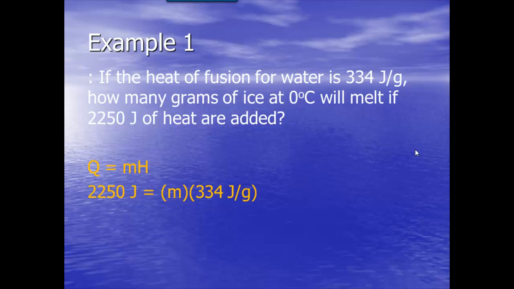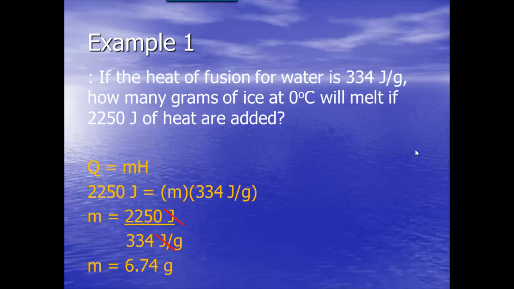So I've rearranged here. You're going to divide both sides by 334 joules per gram. You have some units that will cancel. Joules on top cancels with joules on bottom. And when you divide 2,250 by 334 in your calculator, you get a mass of 6.74 grams. And that's the answer for this first one.